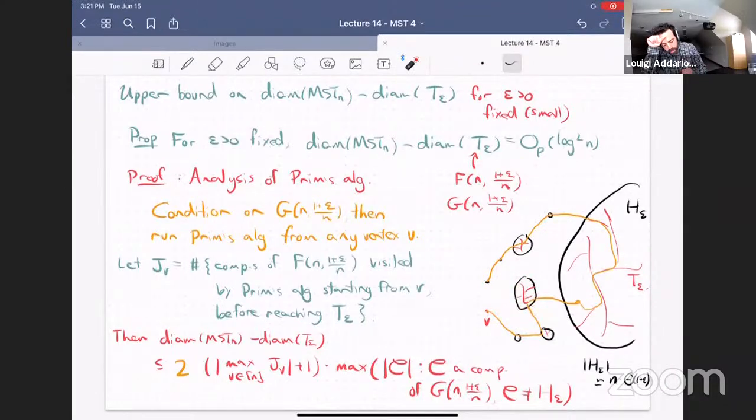The point is that if I bound the length of traveling through a component plus leaving the component by the largest size of a component plus 1, then this term counts the contribution from any route through a component plus leaving, and then, oh, sorry. No, I said that wrong.